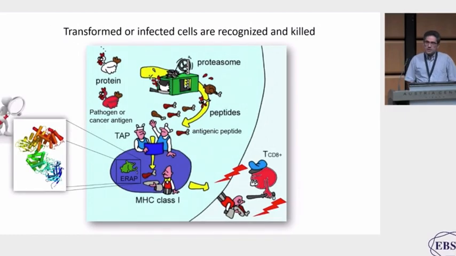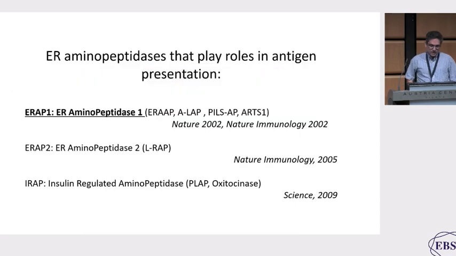So for today, I'm going to focus on this enzyme here that I'm showing on the left, and its role and particular molecular mechanism that it uses to generate antigenic peptides. There are actually 3 aminopeptidases that play roles in this particular pathway of antigen presentation. I list them here.